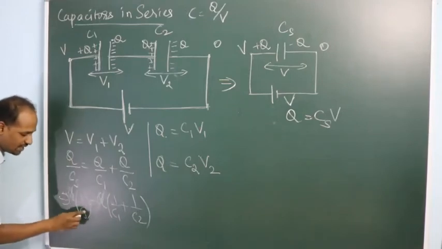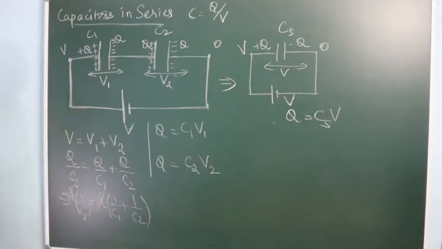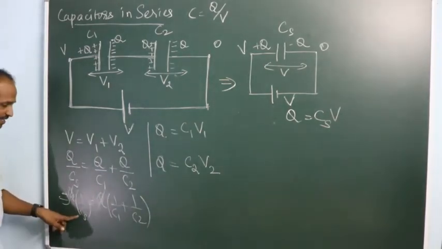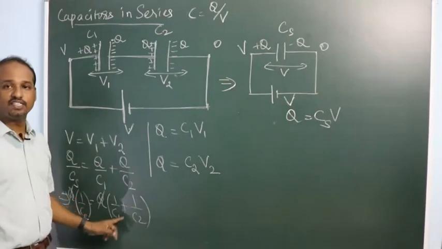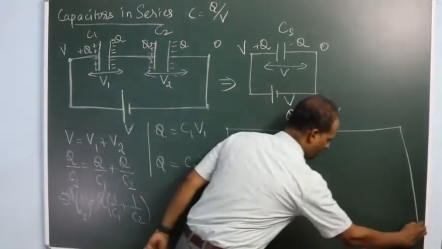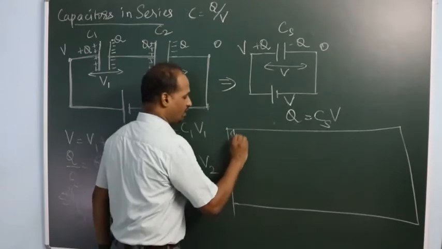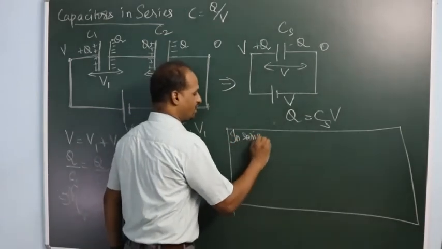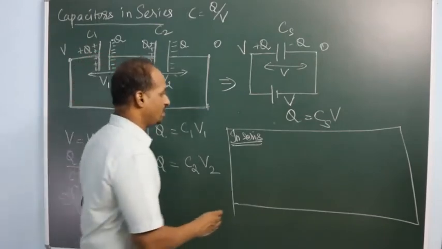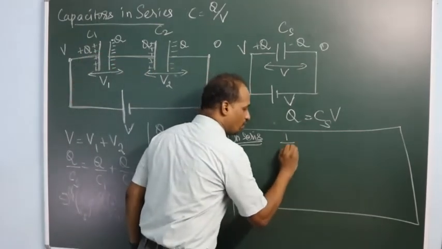See here, S is actually a subscript, it is not multiplied with anything. So what we are getting is 1 by CS, where CS is the effective capacitance in series, equal to the sum of the reciprocals of the capacitances. It is an important conclusion. 1 by CS means the reciprocal of the effective capacitance.